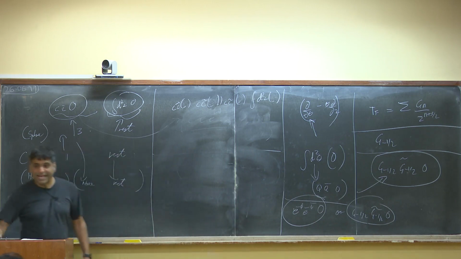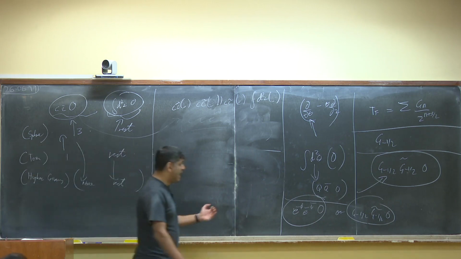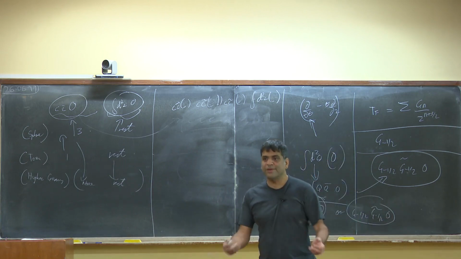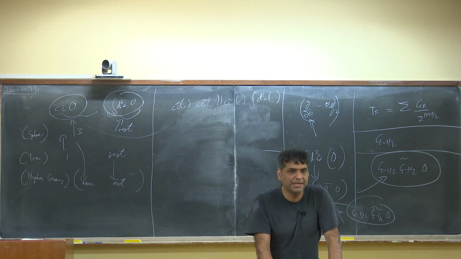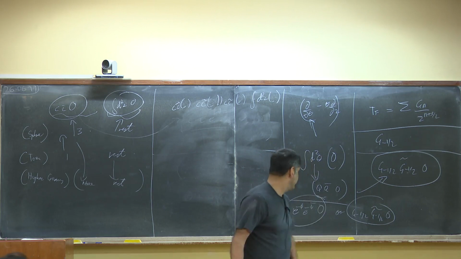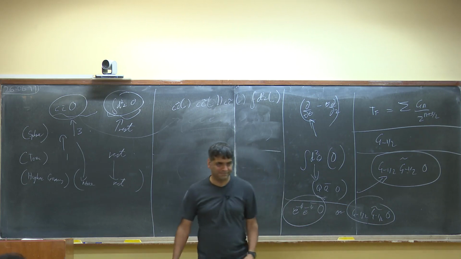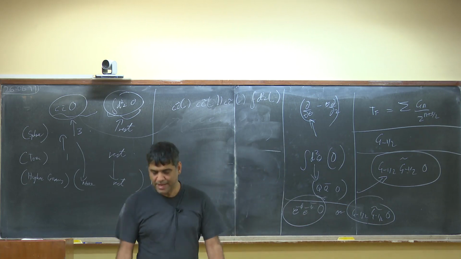Okay? Now the next question we have to figure out is how many of our vertex operators are integrated over superspace, how many of them have this form, and how many of them do not. Okay?